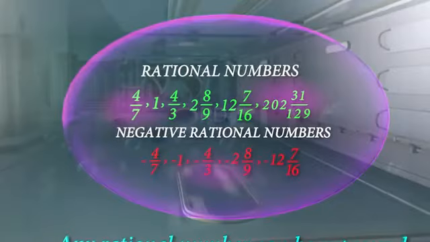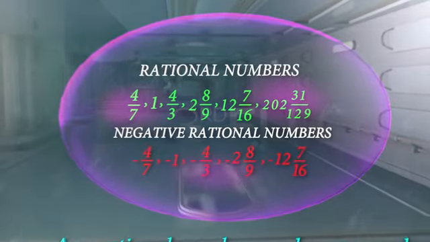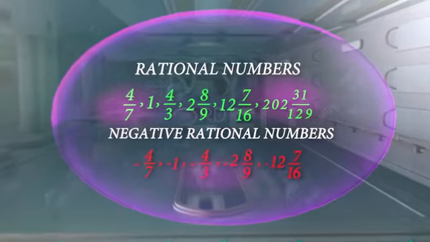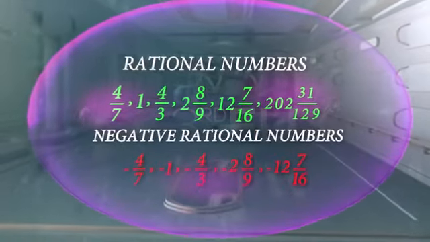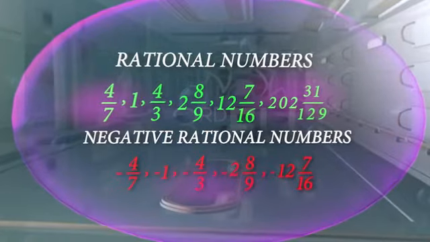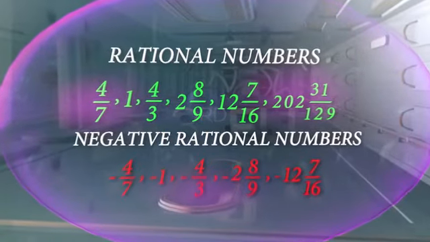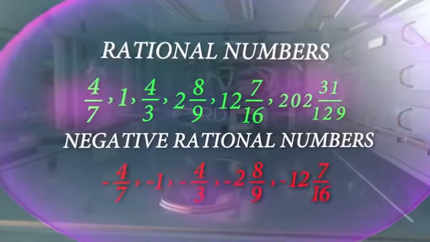Negative rational numbers. A rational number is said to be negative if its numerator and denominator are such that one of them is a positive integer and the other is a negative integer. Example: -2 by 9 and 13 by -15.